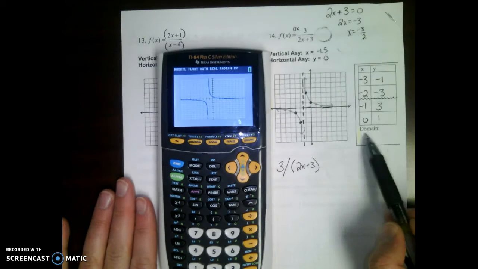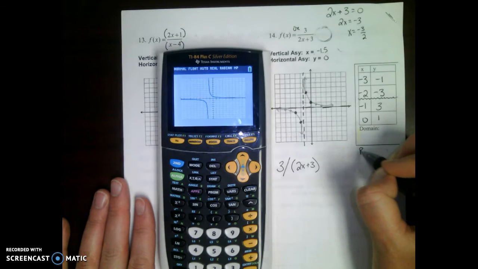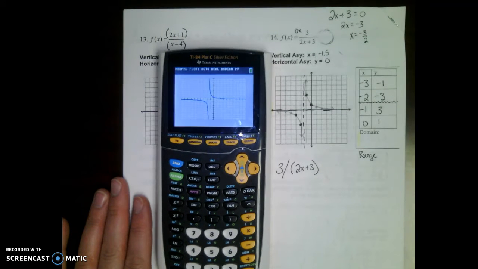Underneath this table, it says domain. What should it also say under there? Range, it got chopped off in that text box apparently. Does anybody remember how to find the domain for hyperbolas?